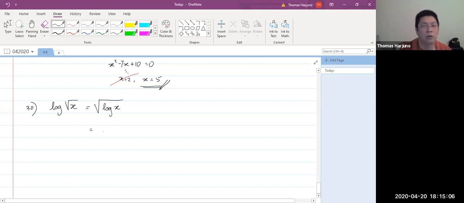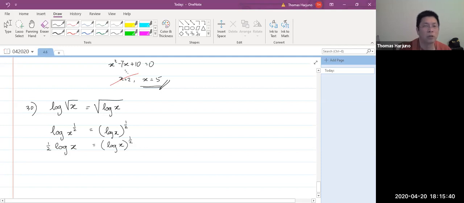Notice that on the right-hand side, I can write this as log x to the power of 1/2, while on the left-hand side, this is log of x to the power of 1/2. Now, you know these two are different. They are not the same. On the left-hand side, we can use property number 3. That's 1/2 log x equals log x to the power of 1/2.